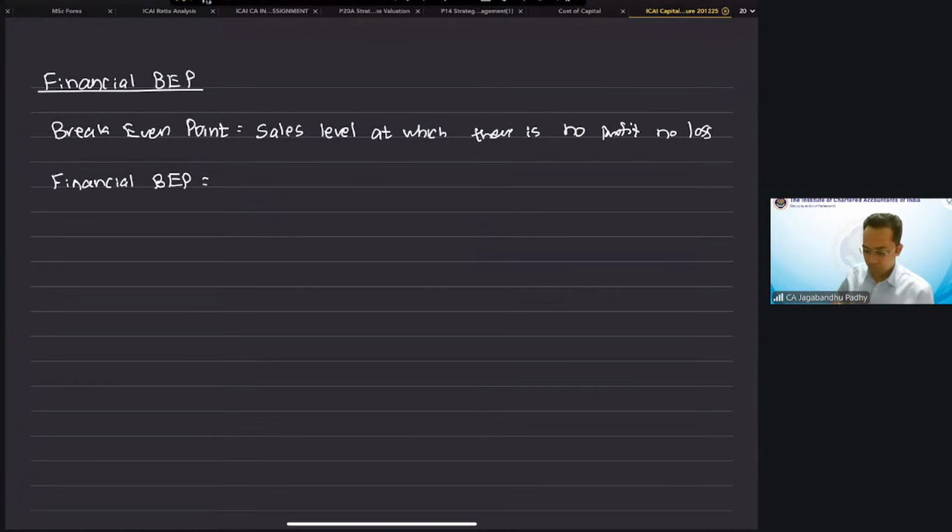Okay. Financial break-even point is, we're not talking of the sales as such over here when you want to calculate the break-even point. Financial break-even point is the level of EBIT at which EPS is equal to 0.